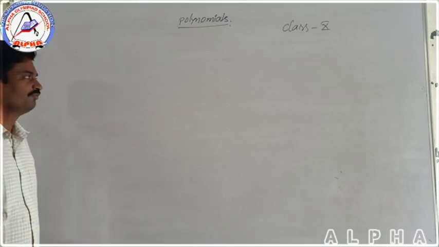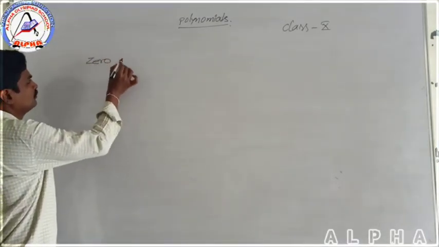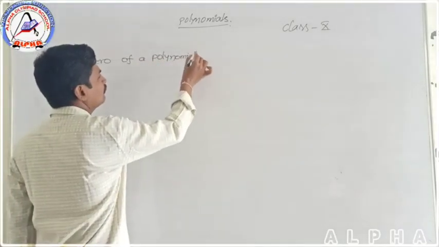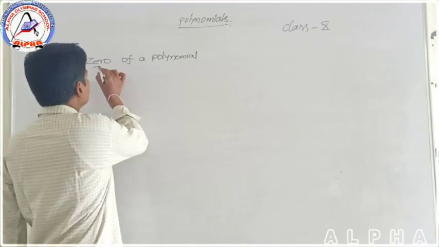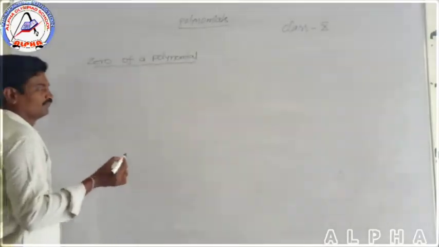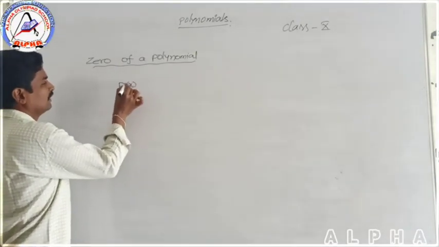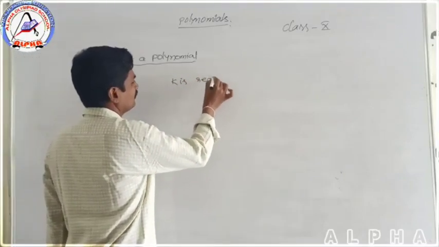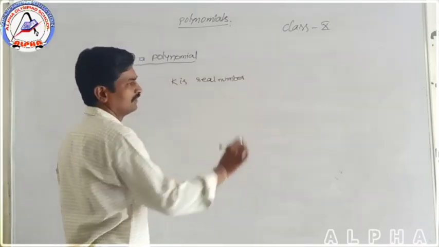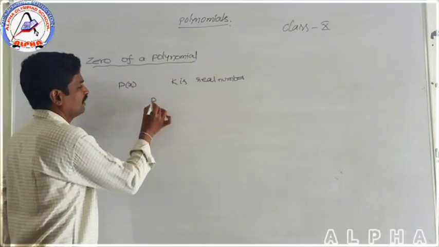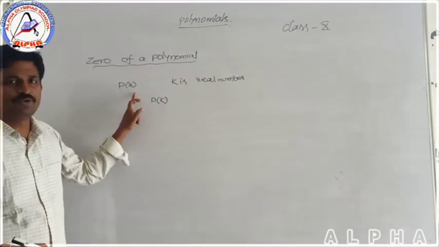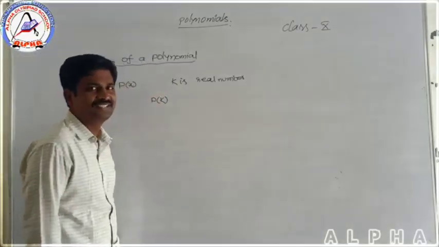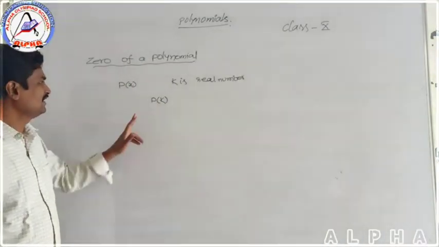Next one is the zero of a polynomial. If p of x is a polynomial and k is a real number, then the value of the polynomial at x is equal to k is p of k.